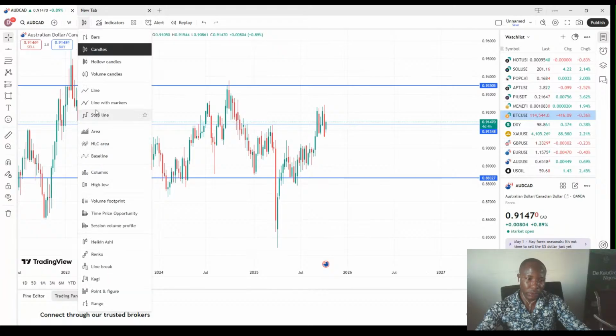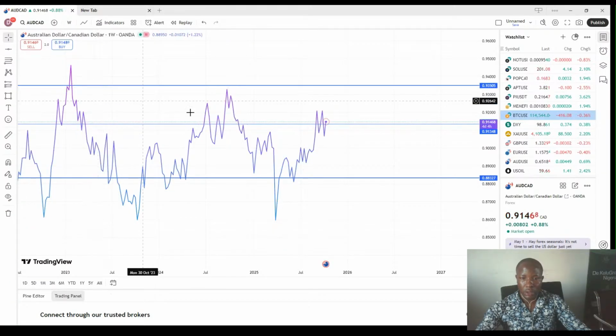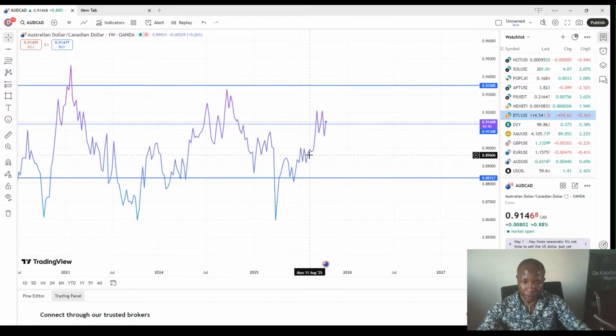Let's switch to line chart to see. He came here and formed an M pattern. He formed a W here. Okay, there's a neckline here as well.